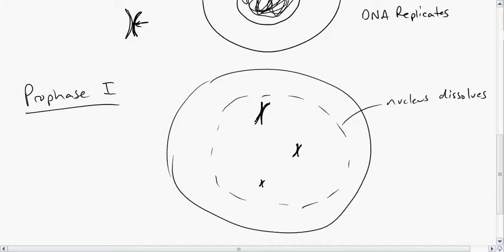I'm going to draw them using red and black. So we have a big chromosome, which will be chromosome 1, a medium-sized chromosome, which will be chromosome 2, and a small chromosome, which will be chromosome 3. All right, so we have 3 pairs of homologous chromosomes.